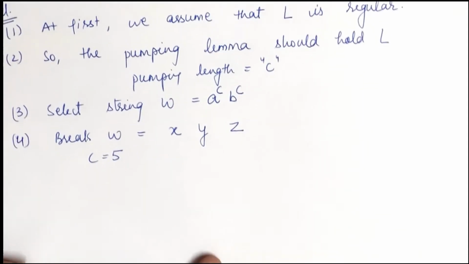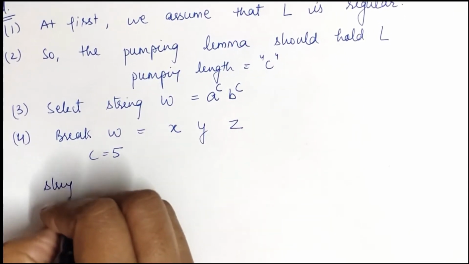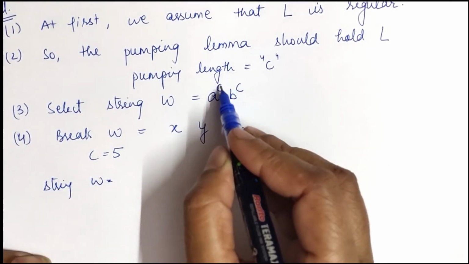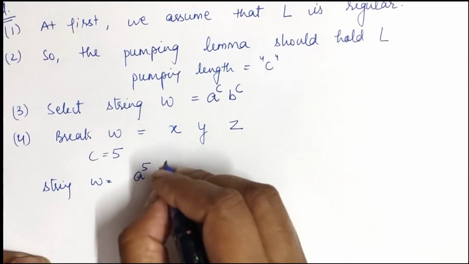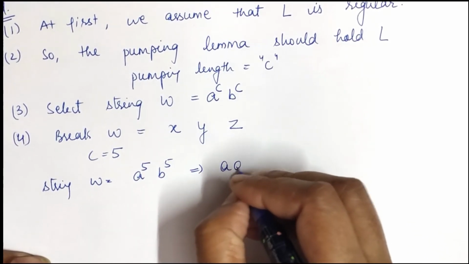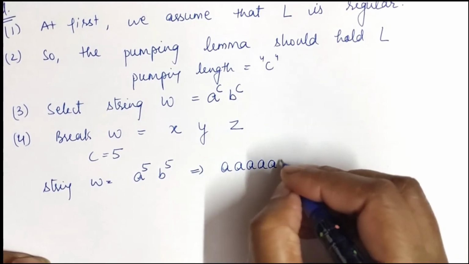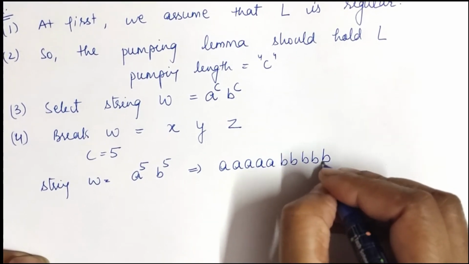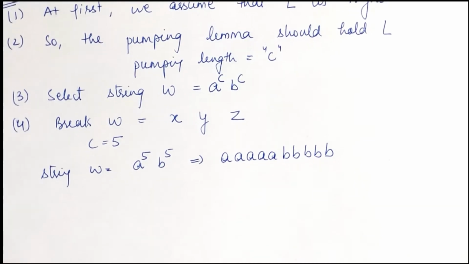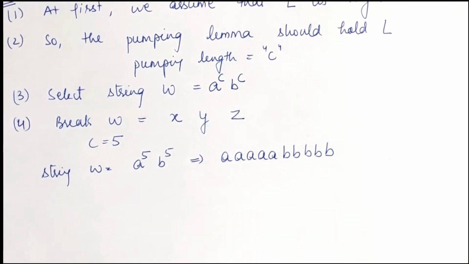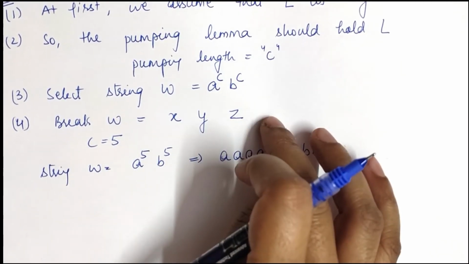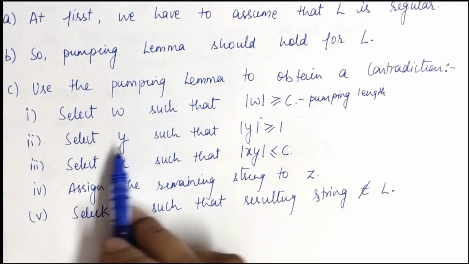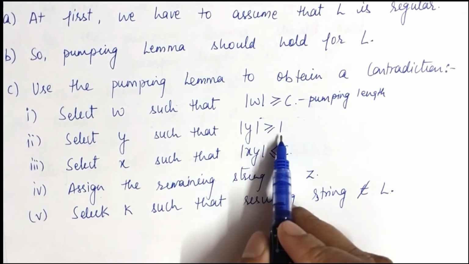So the string W becomes a to the power 5 b to the power 5, which means 5 times a and 5 times b. Now, we find all the possible ways to divide this string W into X, Y, Z. For that division, we select Y such that the length of Y is greater than or equal to 1.